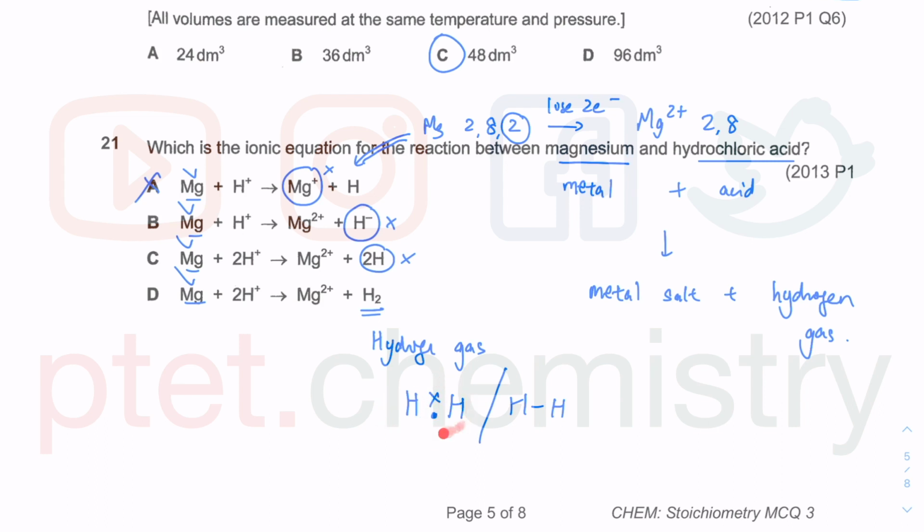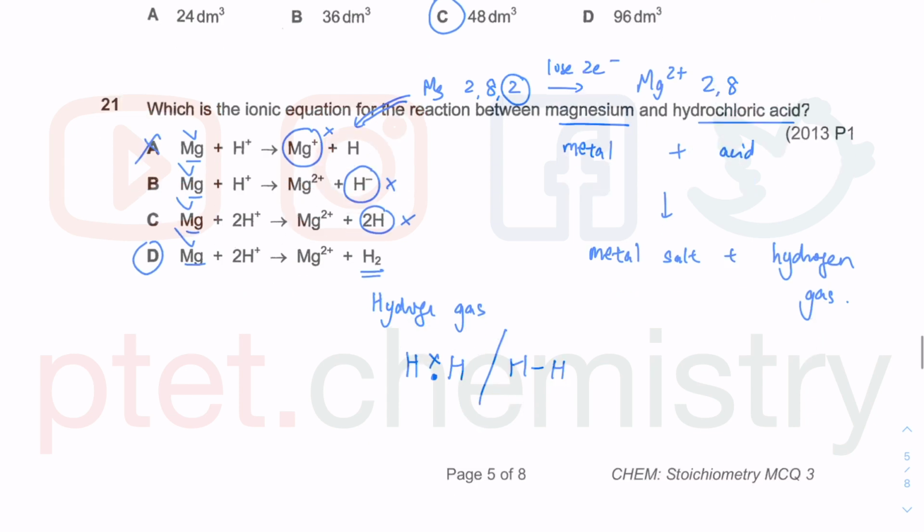This completes the outer shell for each of the hydrogen, and this is nice and happy being the ionic equation to show metal plus acid gives you the metal salt which contains the cations, and the hydrogen gas which is molecular and therefore does not dissociate into any ions at all, because these are simple covalent molecules with a simple molecular structure.